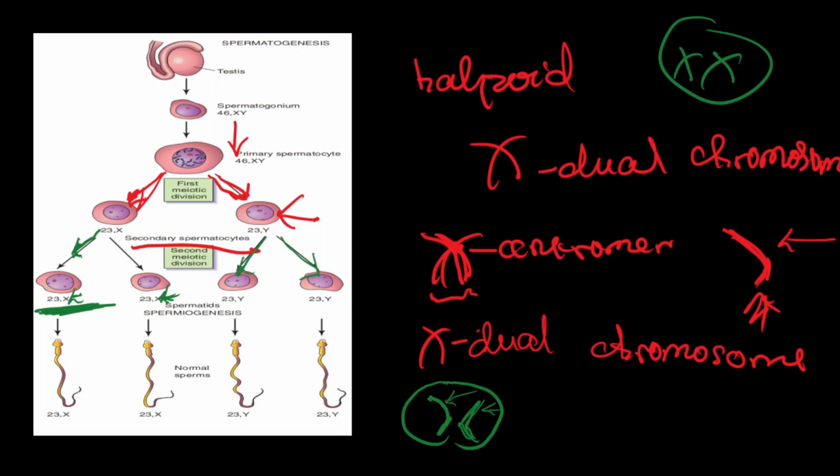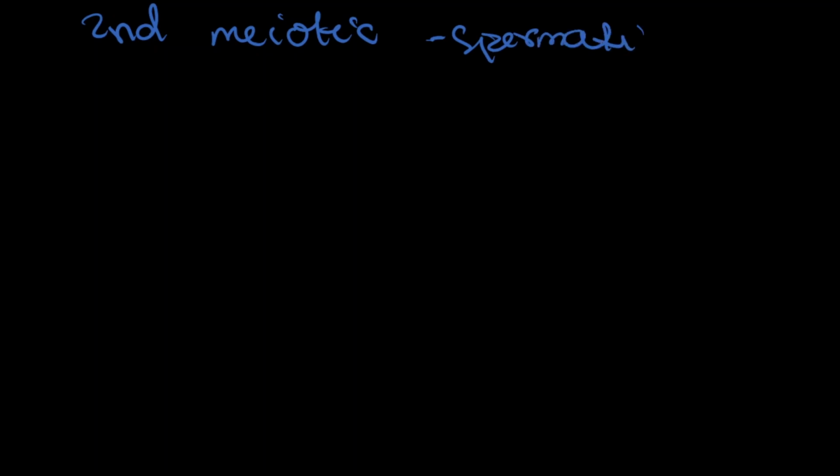Now let's take a look at the process of spermiogenesis. At the end of the second meiotic division, what we have is spermatids. However, these spermatids are not morphologically mature, so they would have to undergo the process of spermiogenesis.